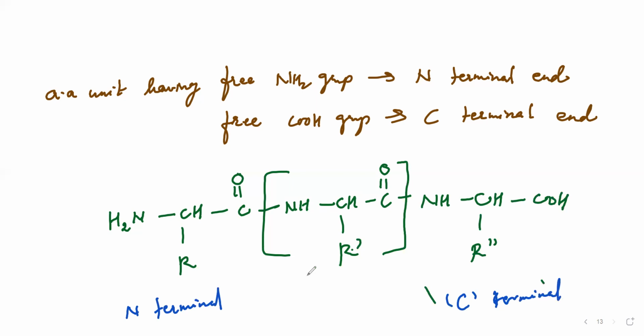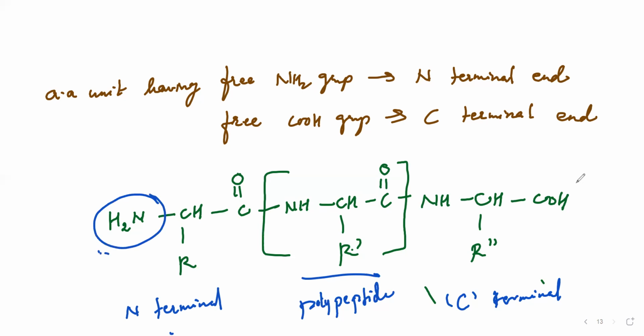And in between is the polypeptide. Why this is the N terminal and why this is the C terminal, I hope you have understood. Here you see NH2, so the N terminal is at the end. Here it is COOH, so it is the C terminal at the end. Are you getting my point?